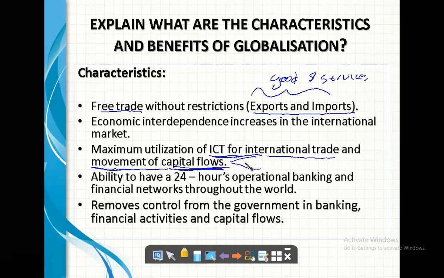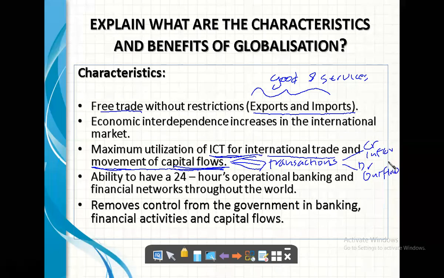So in this one, we are talking about the transactions. Remember, in our balance of payment, we said we have credit, which is inflows, and debit, which are outflows. So don't forget that.